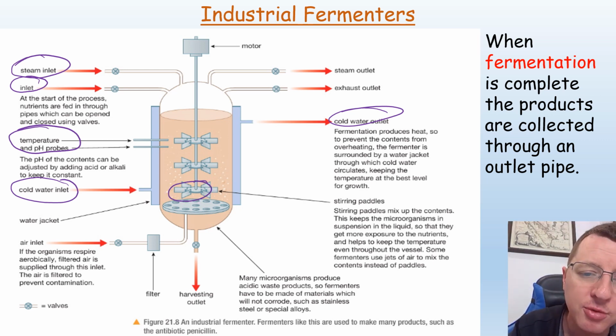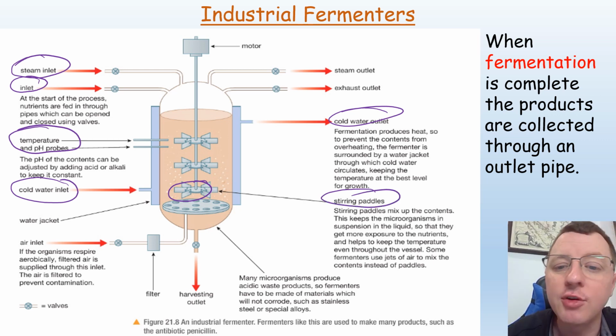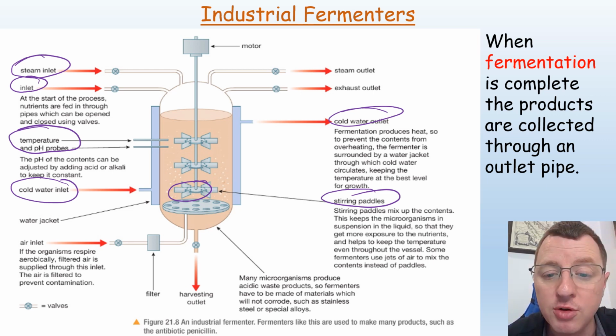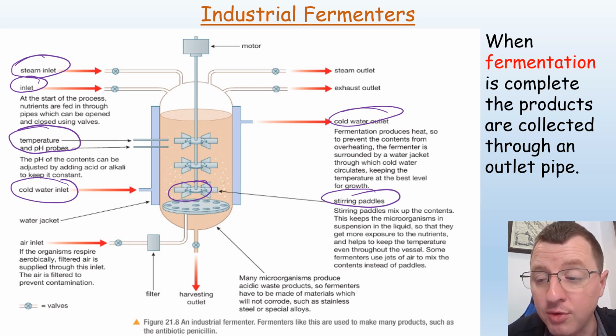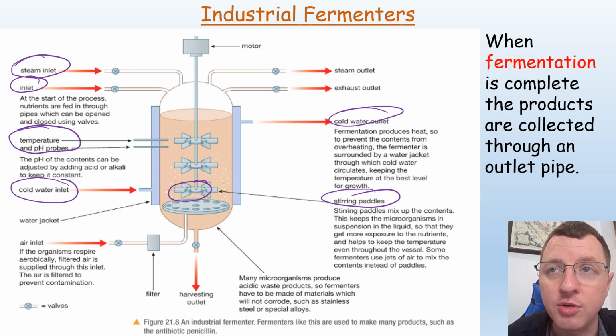We have here some stirring paddles, and the stirring paddles mix up the contents, and this keeps the microorganisms in suspension in the liquid so that they get more exposure to the nutrients, and they help to keep the temperature even throughout the vessel. Some fermenters will use a jet of air to mix the contents instead of paddles. That's got the advantage of being able to add oxygen into the process so that aerobic respiration can take place.